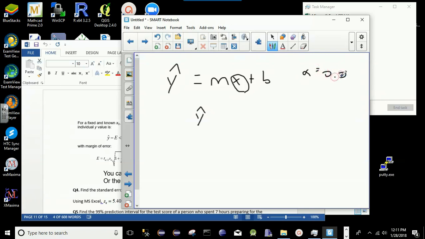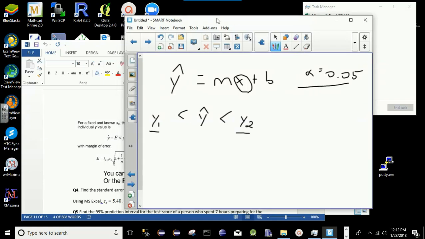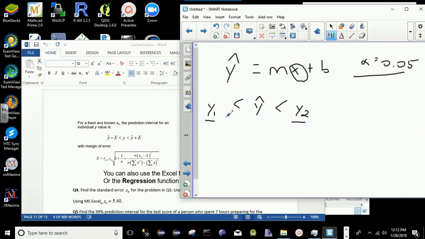So what this means is that your predicted value, y hat, will be between some low value and some high value. Your predicted value is actually a value within a select range based on this alpha. What you want to do is find these two endpoints for your predicted value. So you can say, my predicted value is going to be greater than this number and less than this number. We'll go over the method for finding these two endpoints.